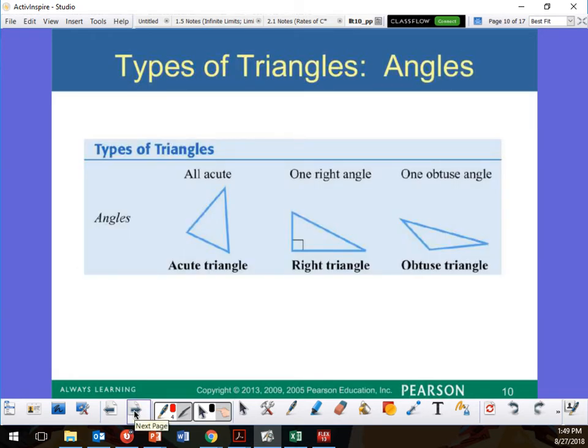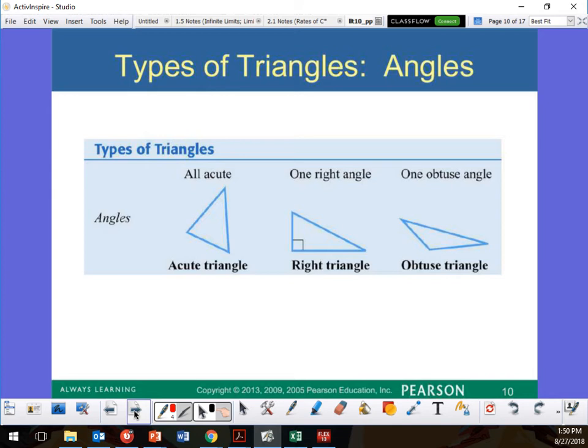Okay, types of triangles. If all the angles are less than 90, it is going to be acute. Now think of it like this. If it's small, it's cute. So if all of the angles are less than 90, it's acute.